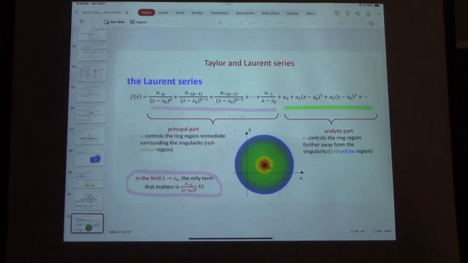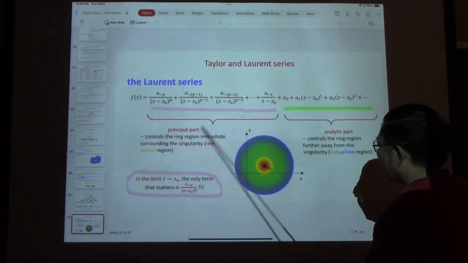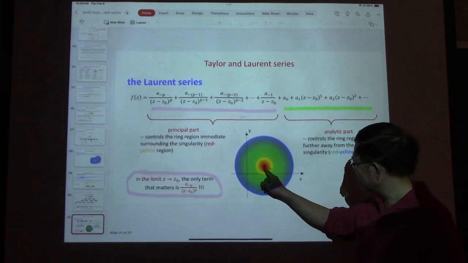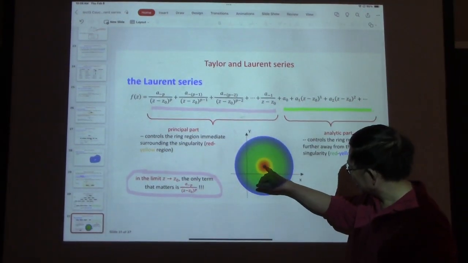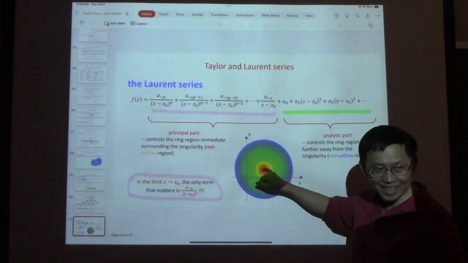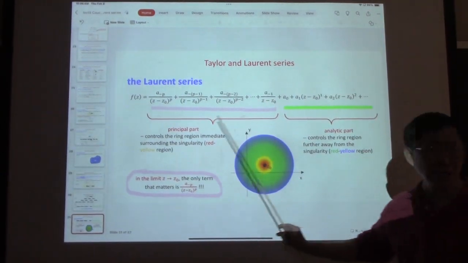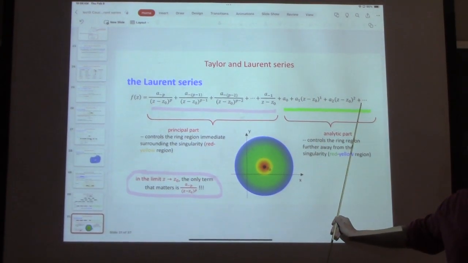Okay? All right, so that also tells us this principal part controls the ring region immediately surrounding the singularity. If this is the singularity, when you get closer and closer, this is like a black hole here, okay? Things get pretty nasty. This is in control. All these terms just pretty much go to 0.